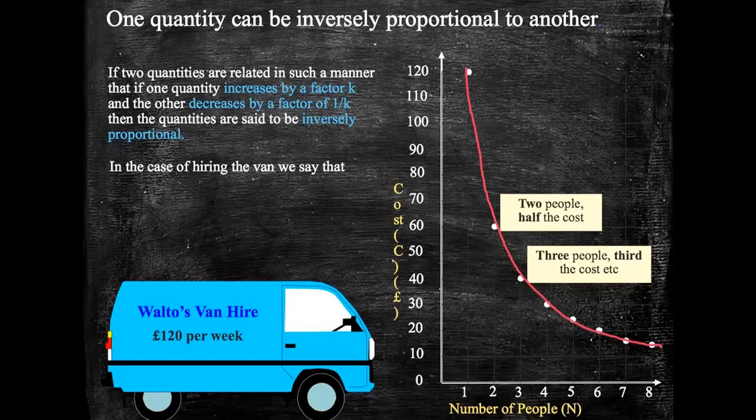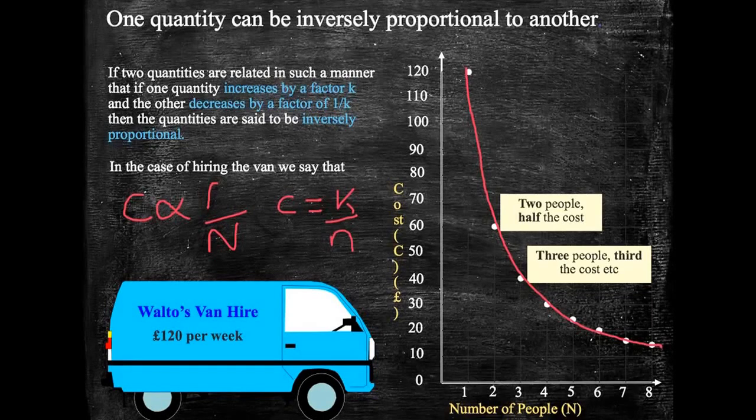And we can say that the cost C is inversely proportional to the number of people that want to hire it. So C is proportional to 1 over n, or C equals k over n.